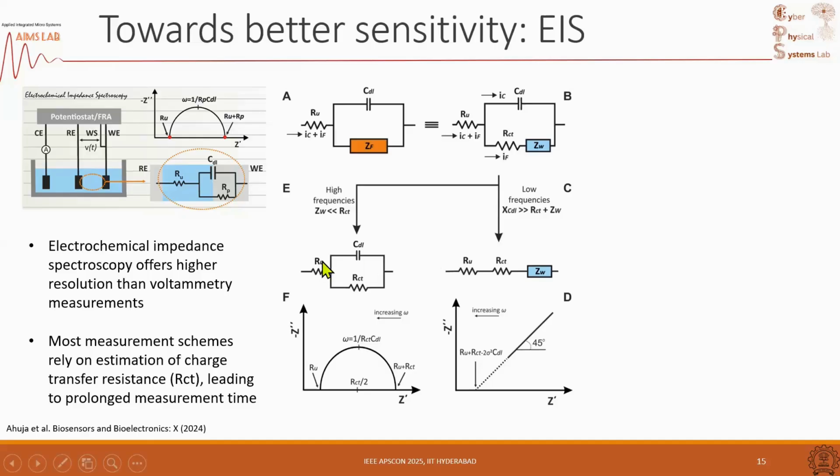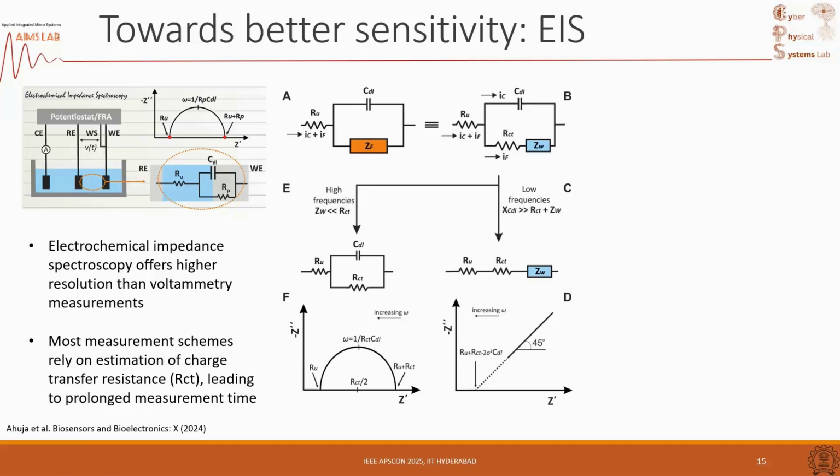And the electrical equivalent circuit looks like this. So you have a resistor that is the solution resistance, and then you have a charge transfer resistance and a double layer capacitance. So this RC, which is in parallel, is the equivalent circuit that signifies the interactions that happen at the surface. So this is your sensing mechanism really.